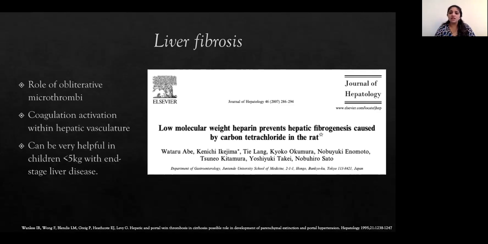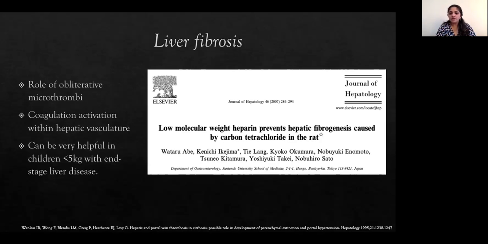I feel like this might be an area where we can decrease the progression of end-stage liver disease or liver fibrosis, and help buy us more time to make them bigger and have a more successful transplant outcome.